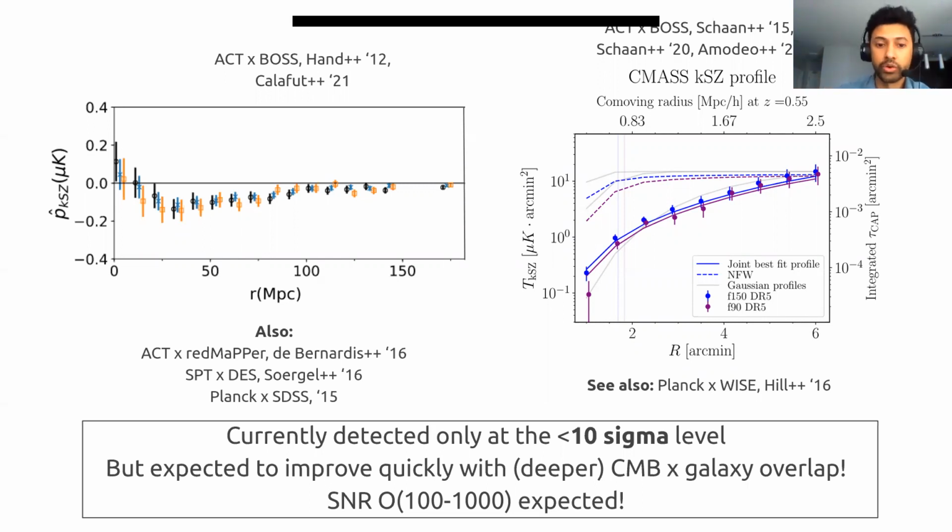But this is expected to improve really quickly once you have deeper, higher resolution CMB observations, and lots of overlap with galaxies. As we'll see, this is a signal that you find through cross correlation with the positions of galaxies. So if you have more volume of the universe that you're probing, what we're forecasting is that you're going to be making percent level or sub-percent level measurements of the kSZ effect.